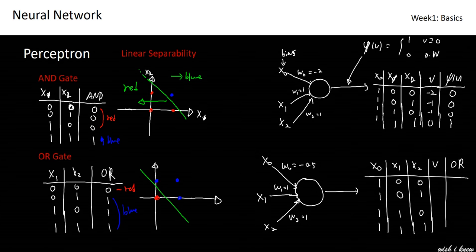We multiply this, it's going to be -0.5. It's less than 0, so it's going to be 0. -0.5 plus 1 is 0.5, so it is going to be 1. Same, 0.5 is going to be 1. And -0.5 plus 2 is going to be 1.5, so it's going to be 1. So as we can see, we can also output the correct answer.